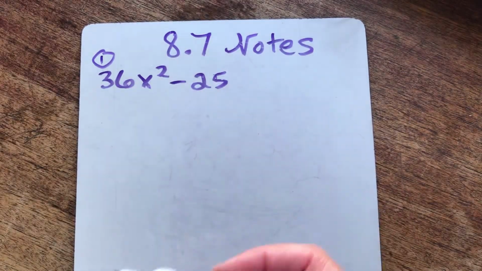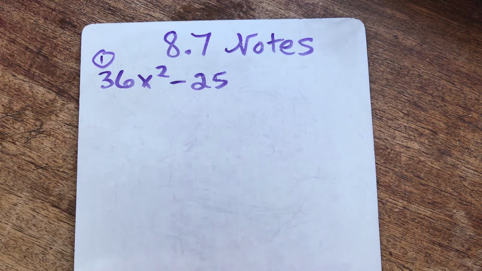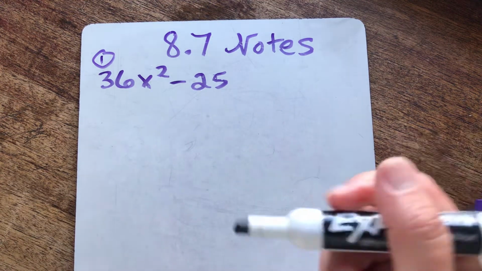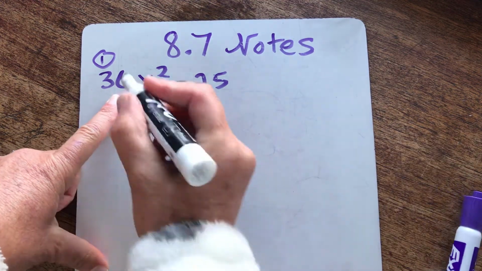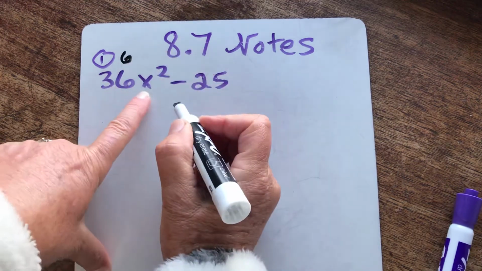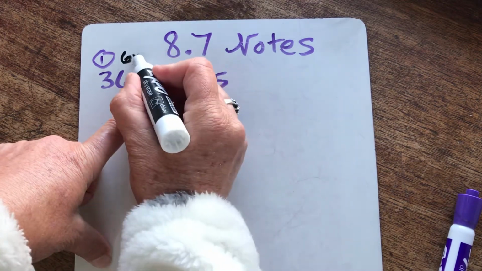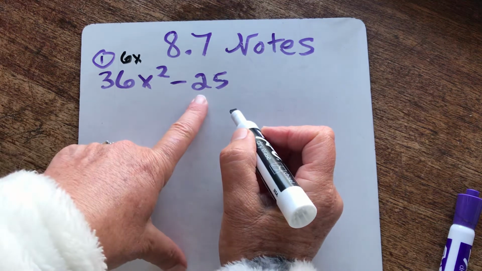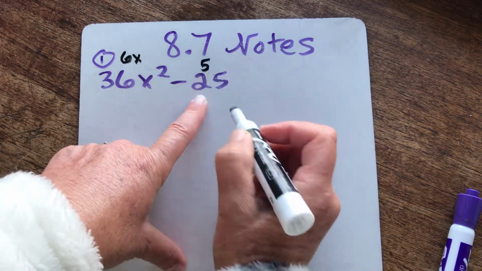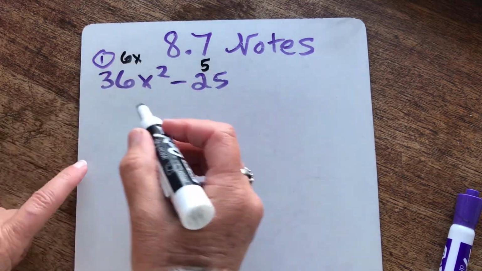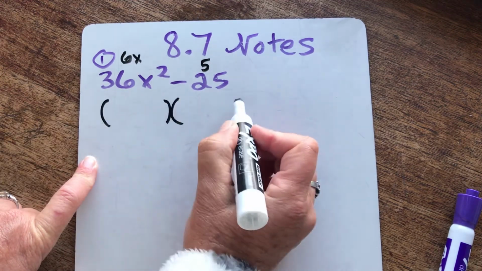It is. So the work that I would want to see from you is right above this. What is the square root of 36? 6. What's the square root of x squared? X. What's the square root of 25? 5. That's the work I'm wanting to see. Now we set up our parentheses.